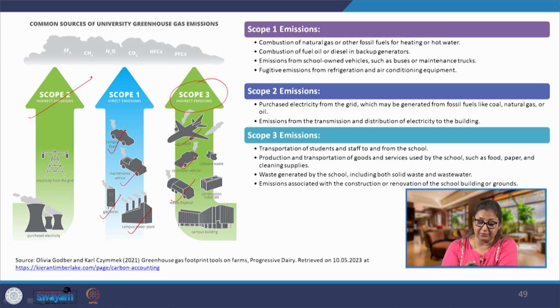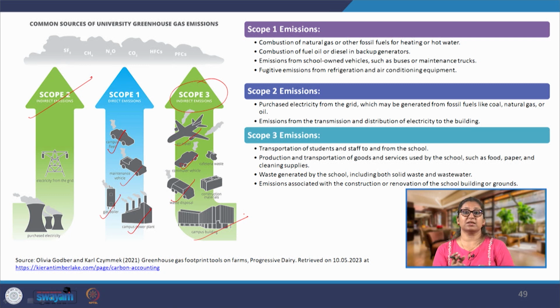What we also have, which is very interesting, is the campus buildings here. Now, why have campus buildings been included in scope 3 indirect emissions? Because if we leave aside the processes, for example, you might be saying that there is a chemistry lab, there is a chemical engineering laboratory, or there is a small furnace in the metallurgy department.